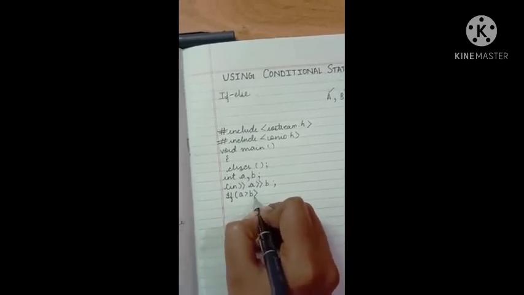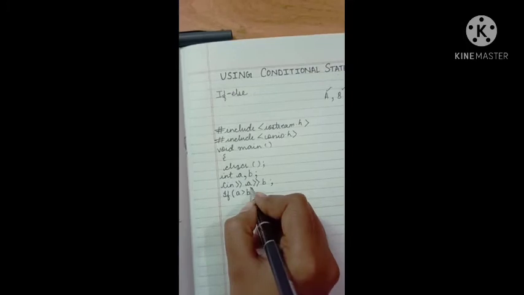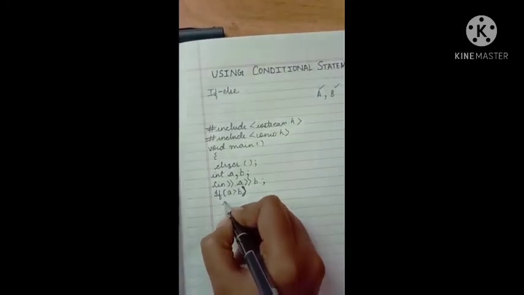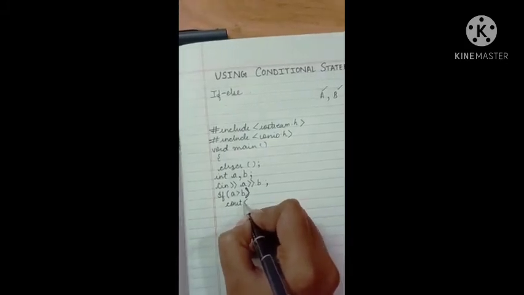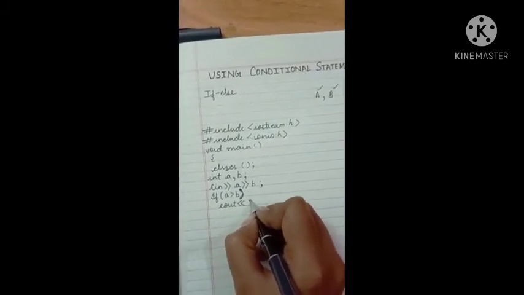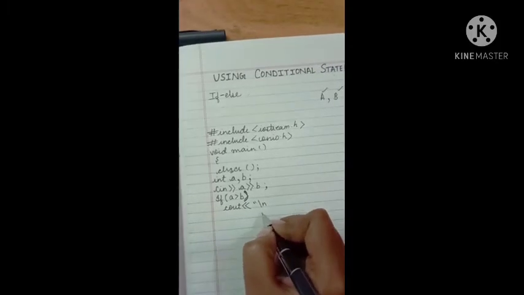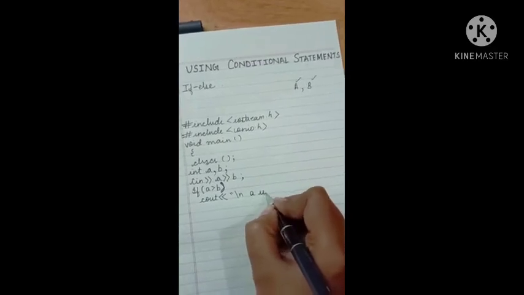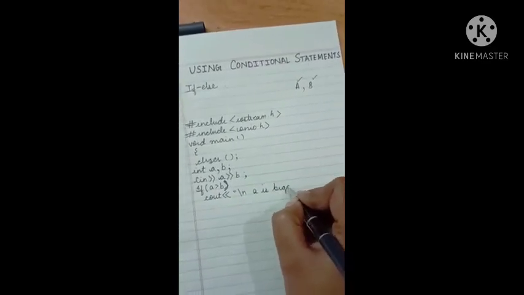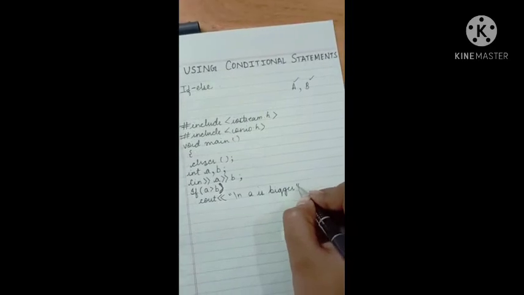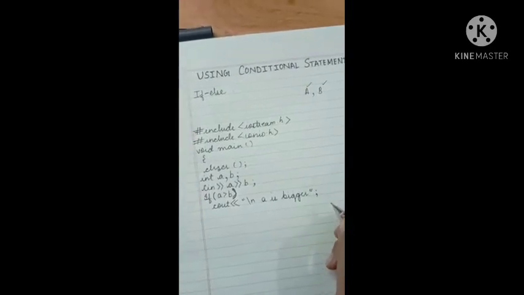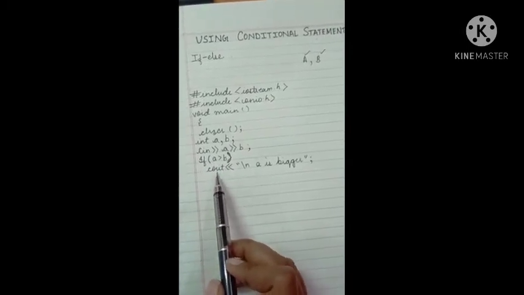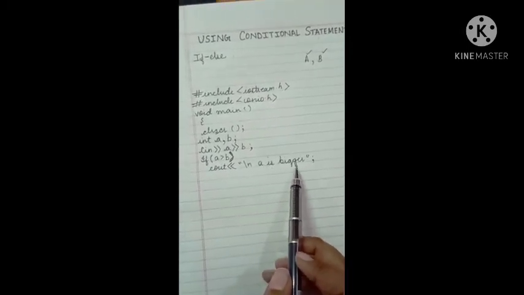Then the computer has to print, with \n so that it prints on a new line, "a is bigger", then semicolon.